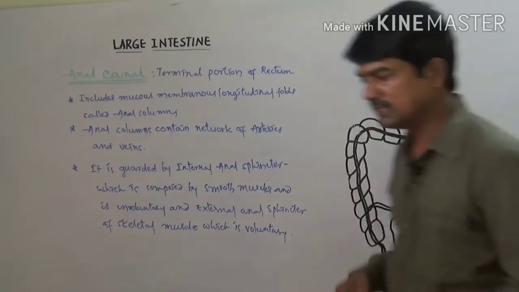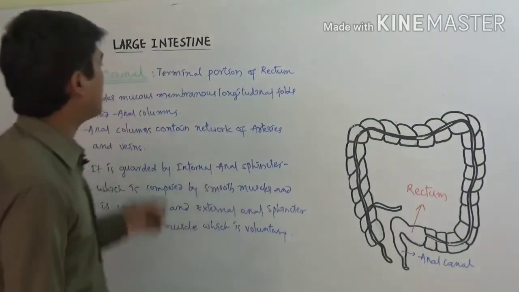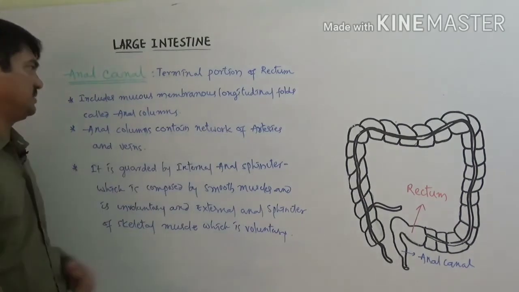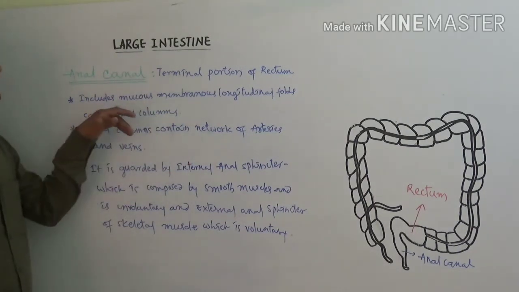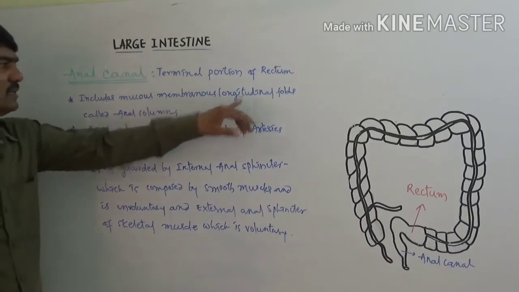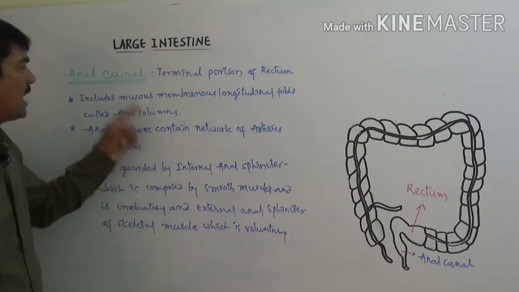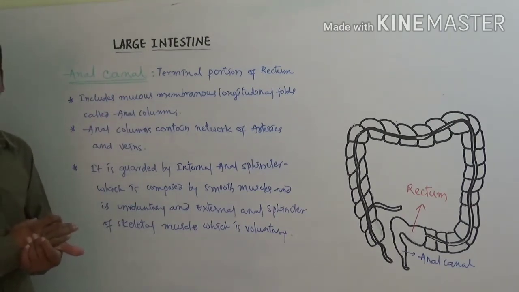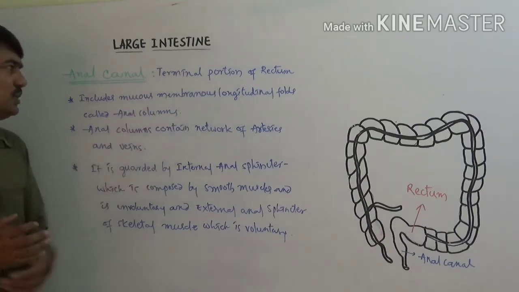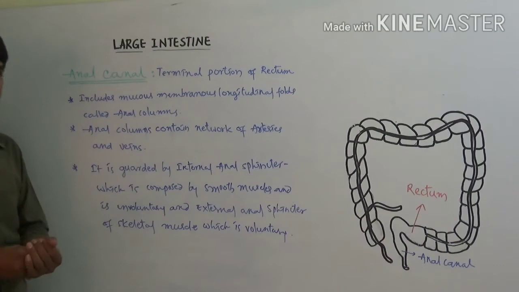Internally the anal canal is composed of a network of arteries and veins. Inside it, mucous membranous longitudinal folds are present, and they are called anal columns.